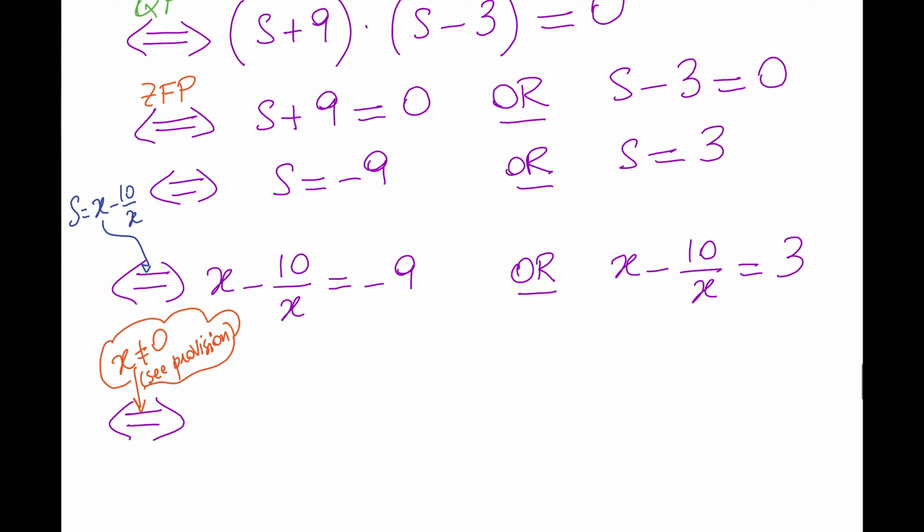So we get, I'm multiplying through by x. I'm going to write the details. I'm multiplying both sides by x. So this side is x minus 10 over x.